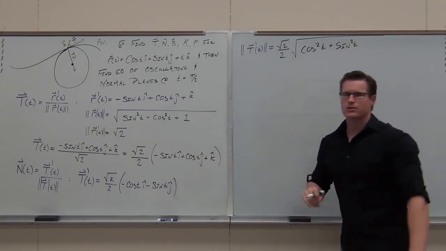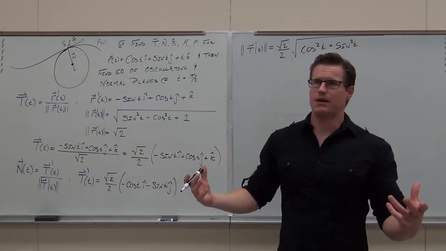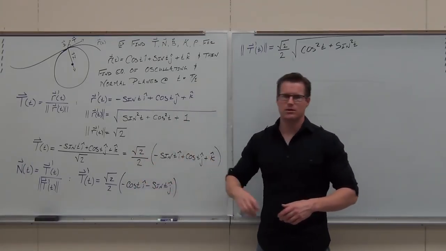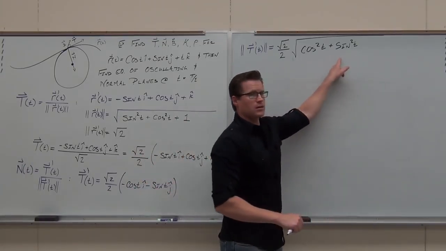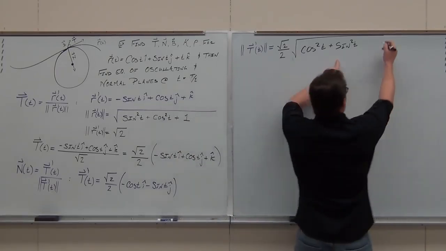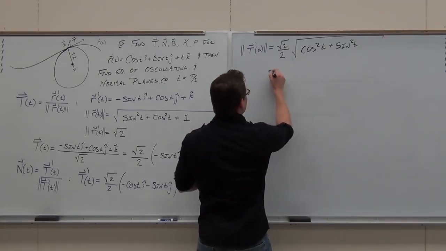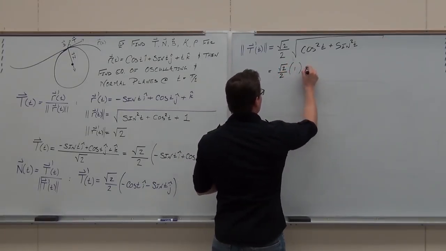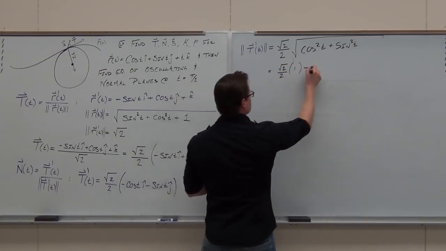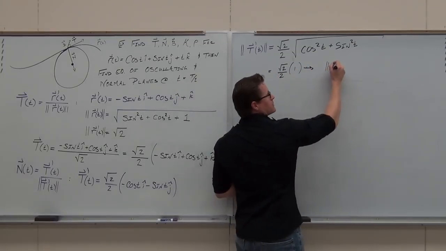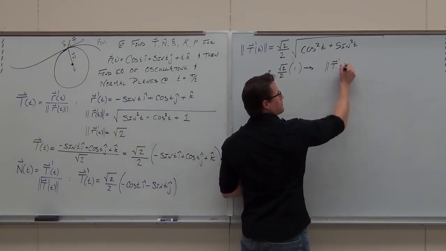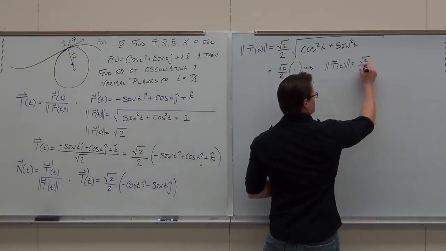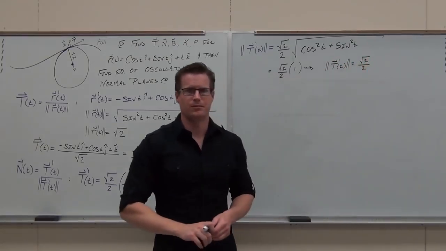We never ever get negatives when we square things. So this squared, cosine squared. This squared, sine squared, no problem. How much is all that going to give you? 1. Which means the magnitude of the derivative of our unit tangent is just square root 2 over 2.